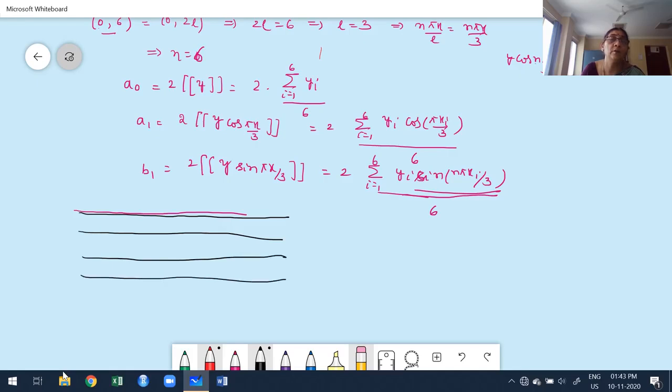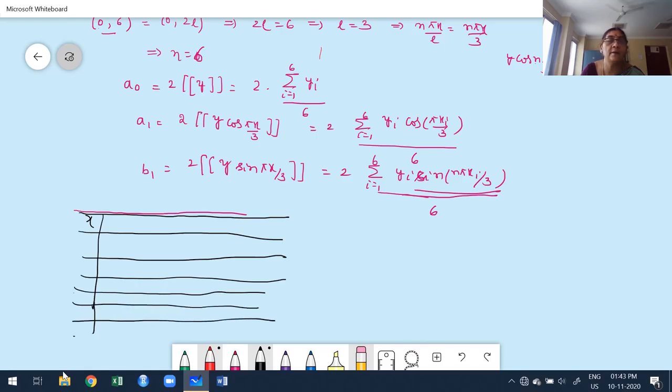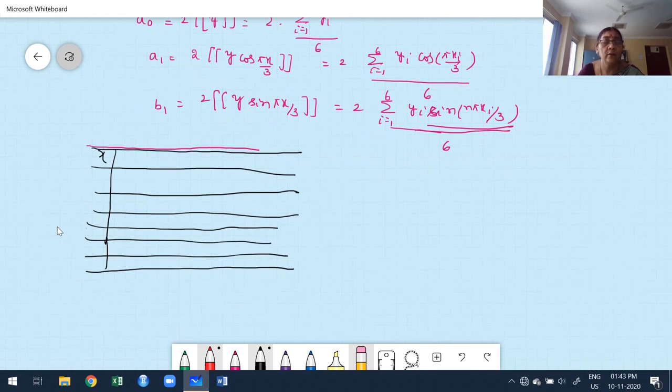How many rows? For x: 1, 2, 3, 4, 5, and then 6. And I also have to take another row, which is the total. X and y are nothing but the given values.